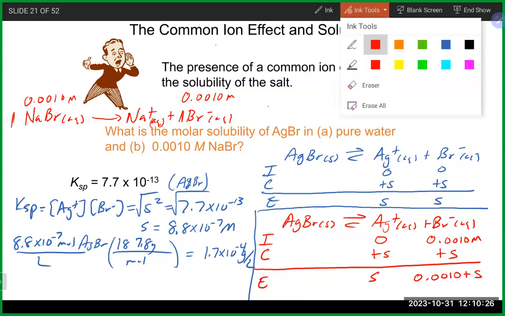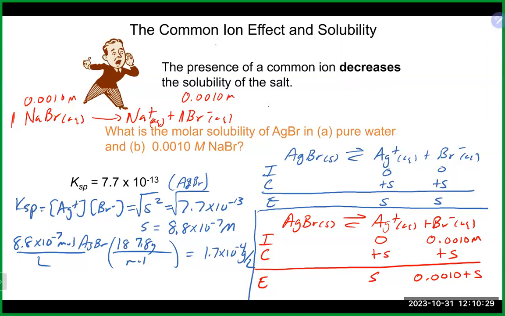And if we do that, what that's going to give us is S times 0.001 plus S equals 7.7 times 10 to the minus 13.